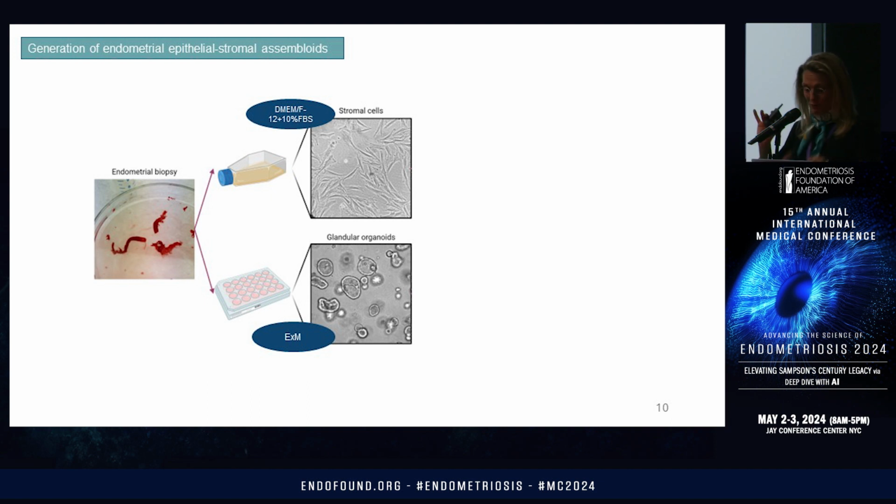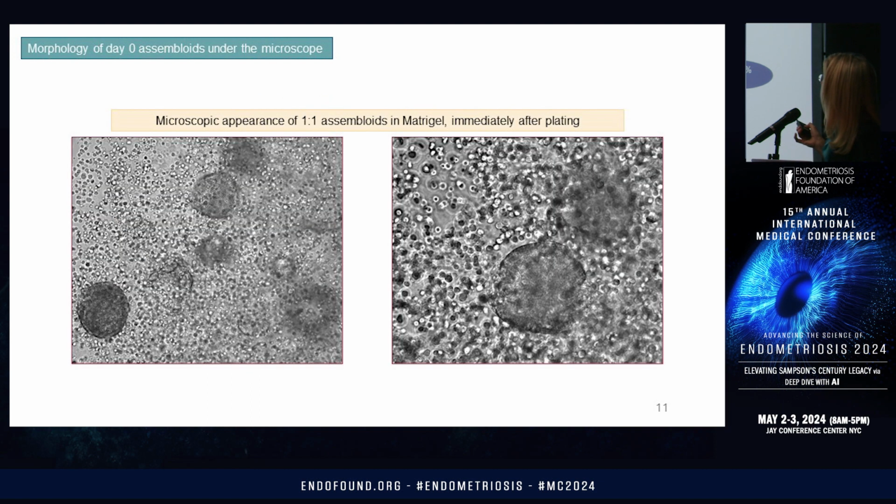So two different media after dissociation, and then afterwards, once these glands have formed organoids in the matrix, we will try to put them together and force these stromal cells to go inside this matrix and form these assembloids. So the aim is to have this cell-cell communication between the glands and the stroma.